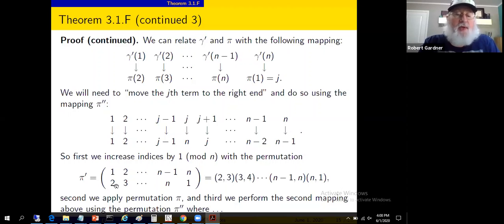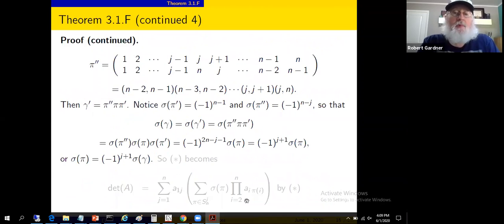All right, so first we'll do that. Second, we'll apply permutation pi. And third, we'll perform this mapping here where we move a jth term over to the end. So by doing those three things, applying pi prime, applying pi, and applying pi double prime, we will produce the gamma prime mapping.